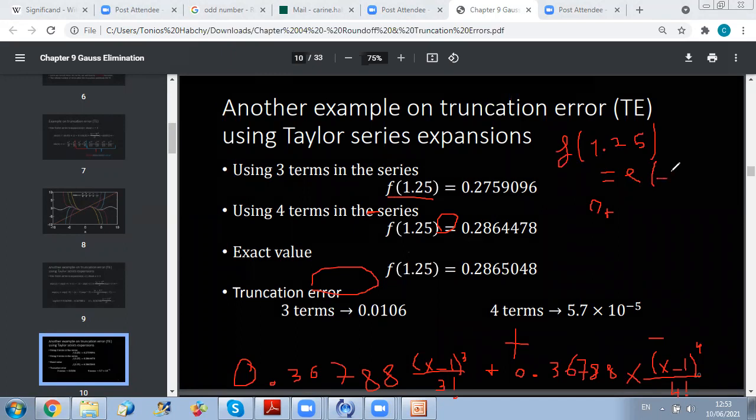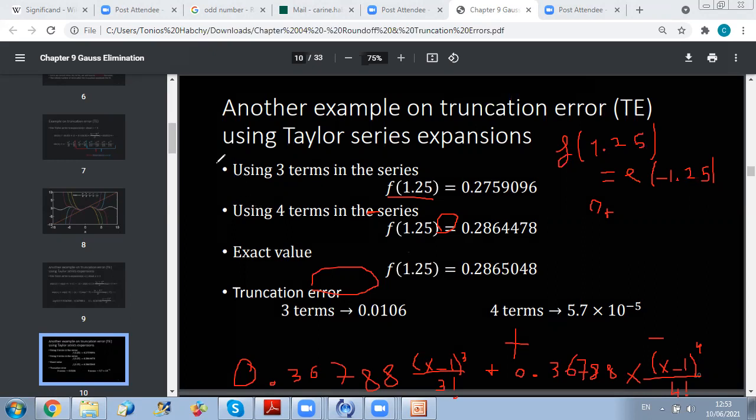So we can easily get the exact value. Sure, if you use a calculator, you will get a certain value with a round-off error, but if you are using a calculator of high precision, you can be very close to the exact value of exponential of minus 1.25. And you want to compare with the result you get from Taylor series expansion.